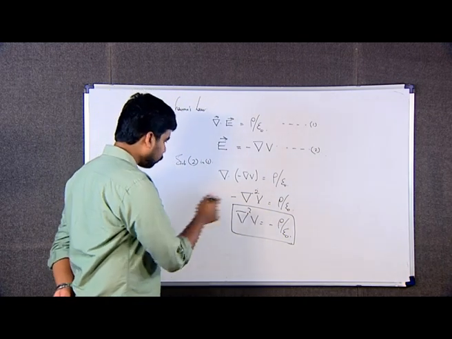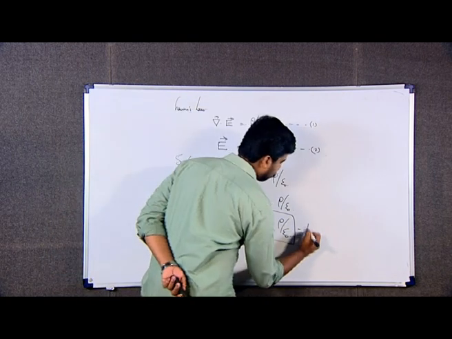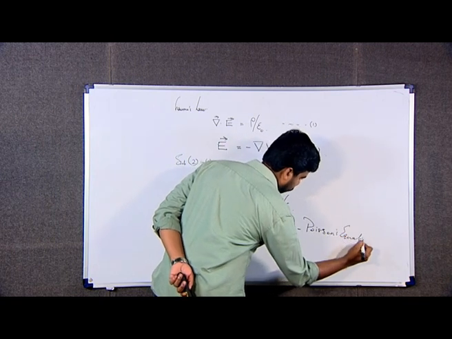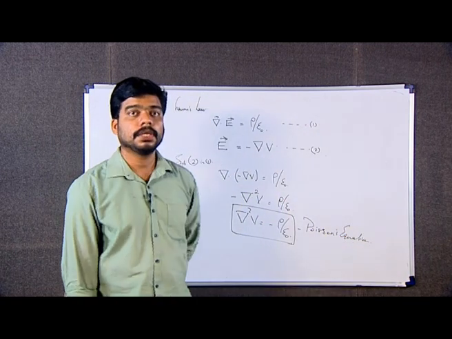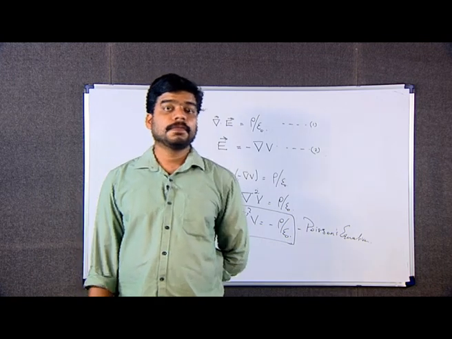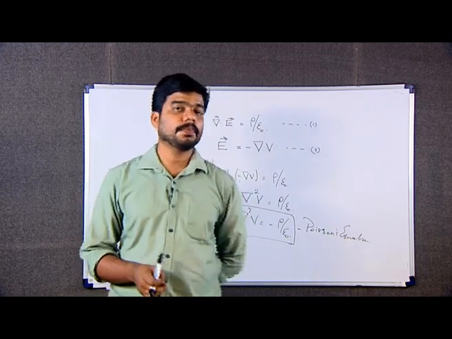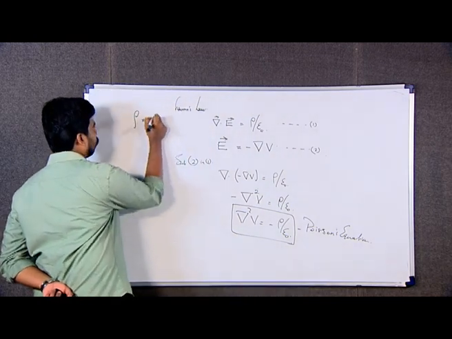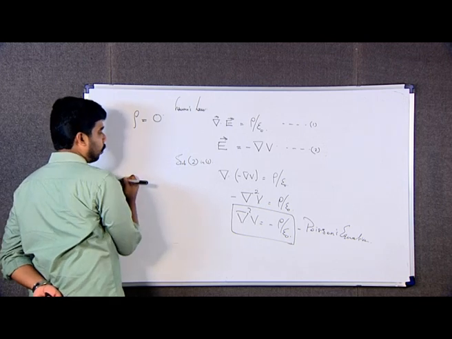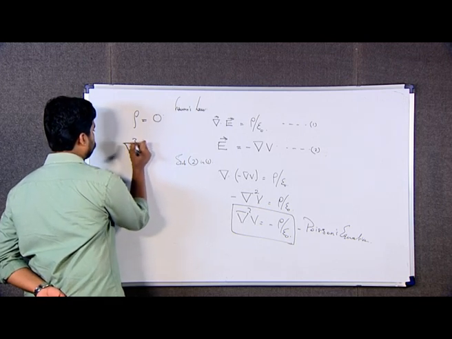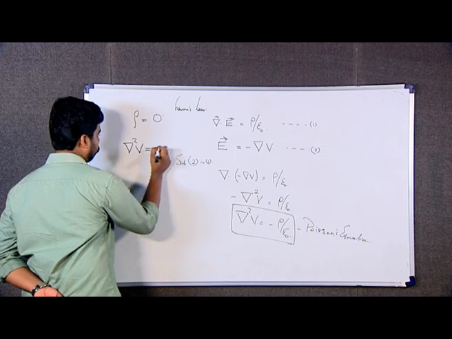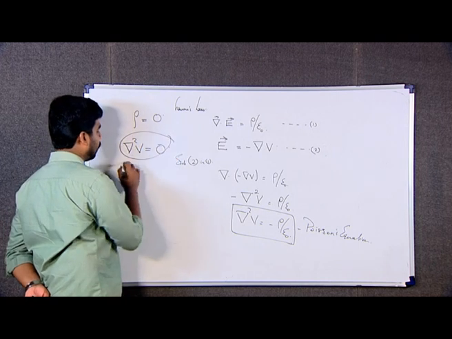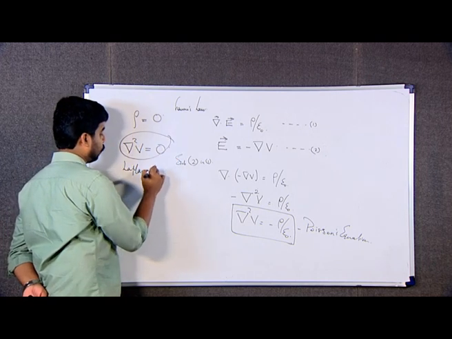So, this is called the Poisson's equation. If the charge density is 0, that is rho is equal to 0, then the Poisson's equation will become del square V is equal to 0, and this is called the Laplace equation.